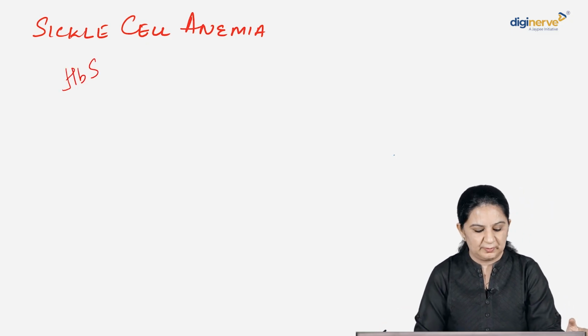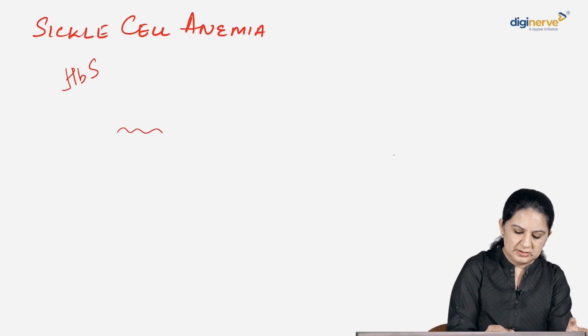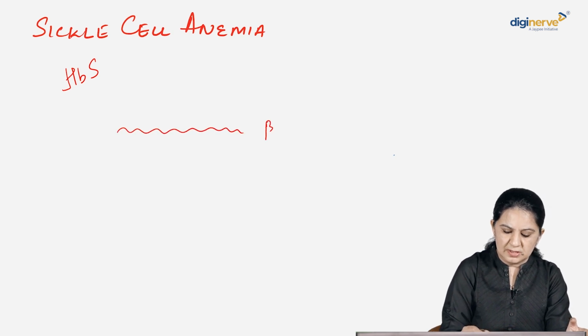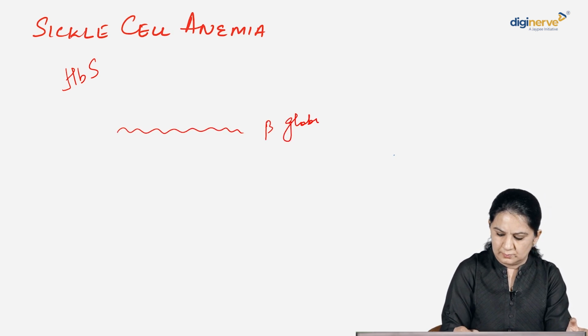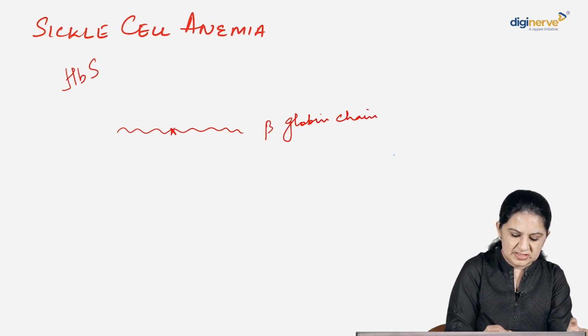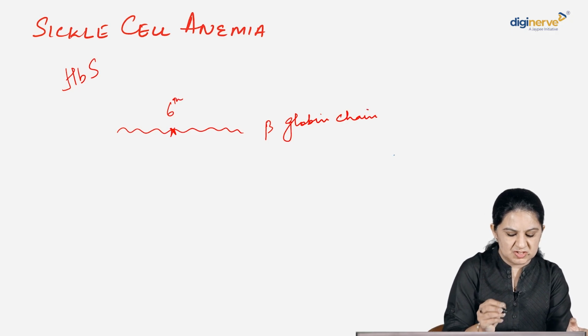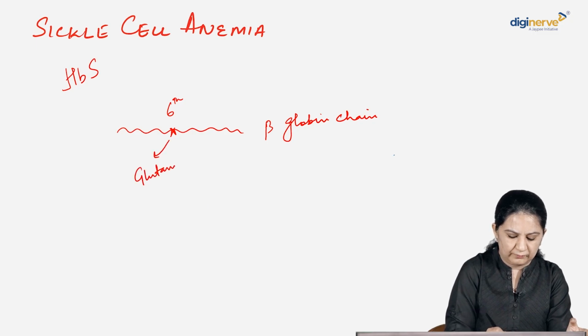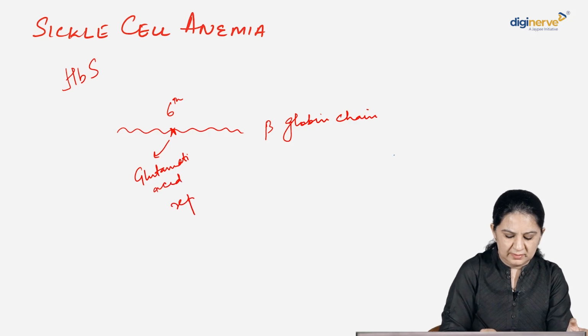What exactly is the problem here? If you see, this is your beta globin chain. Here at the sixth position, glutamic acid is replaced by valine.